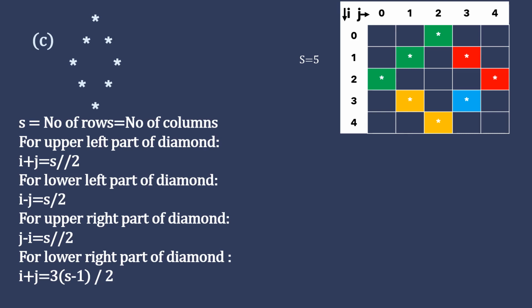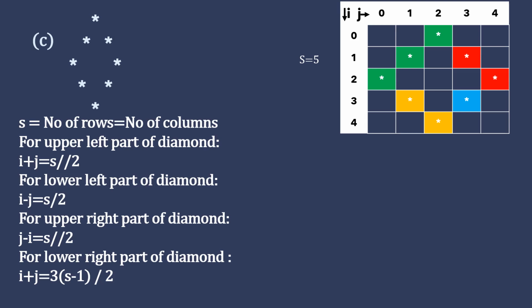Here you can see one condition is satisfied: i plus j is equal to S divided by 2. Look at the first green colored cell. Here the row value is 2 and the column value is 0. 2 plus 0 gives you 2. The next green colored cell has row value 1 and column value 1. 1 plus 1 also gives you 2.